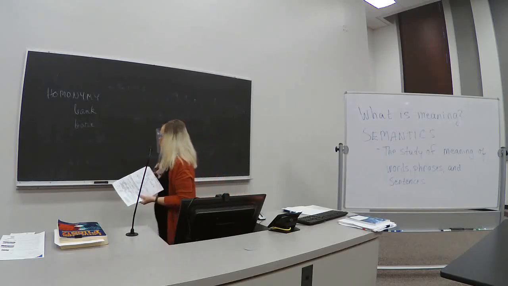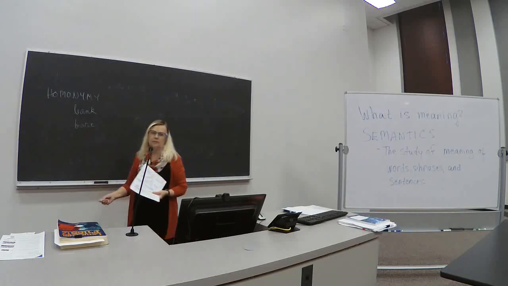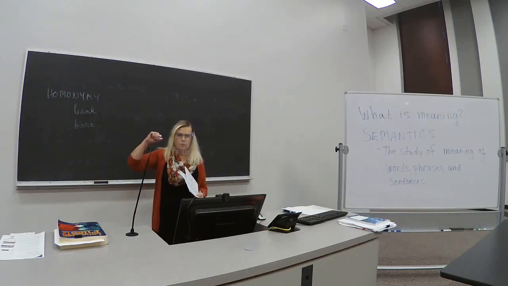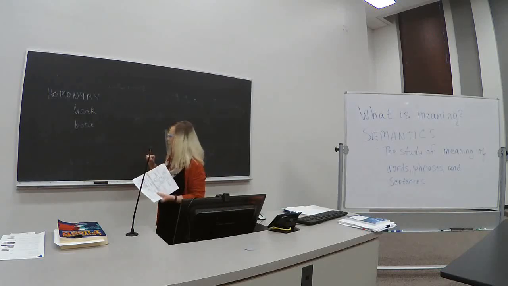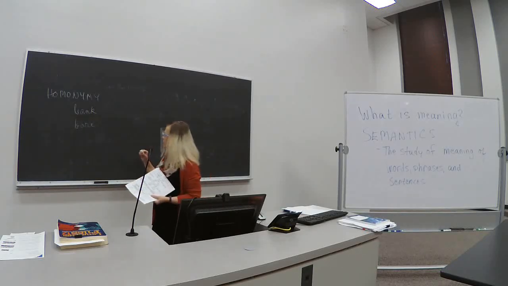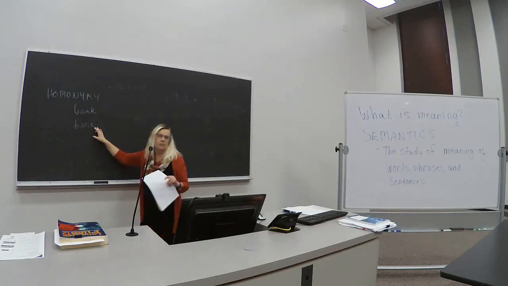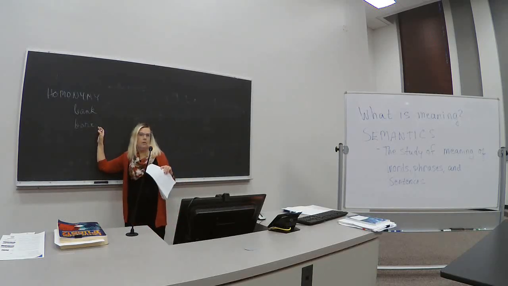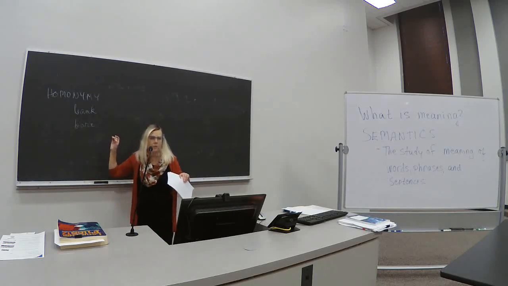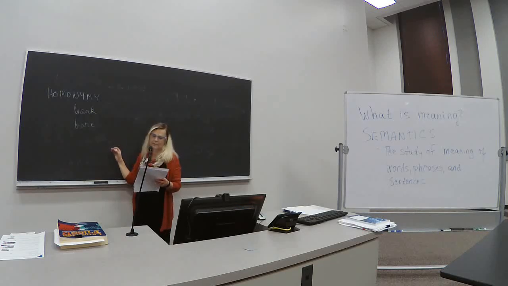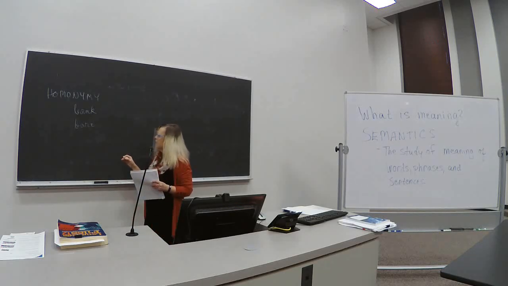And then, of course, bore has different meanings as well. Bore can mean what you do with a tool, which is also called a bore. You bore a hole into a piece of wood, or it can be what some professors do when they are lecturing. They can bore their students. So different meanings. This is homonymy.